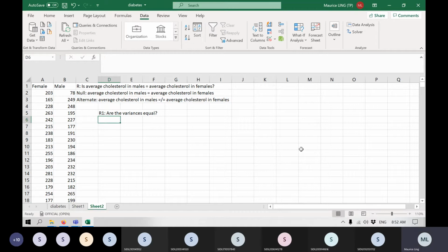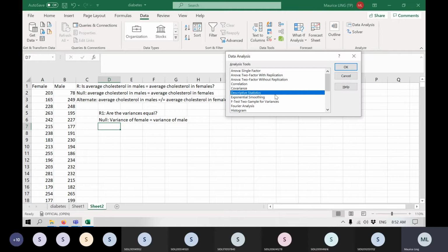Now the hypothesis: variance of female not equal to variance of males. So in Excel, we have a test to do that. It's called F-test two-sample for variances.